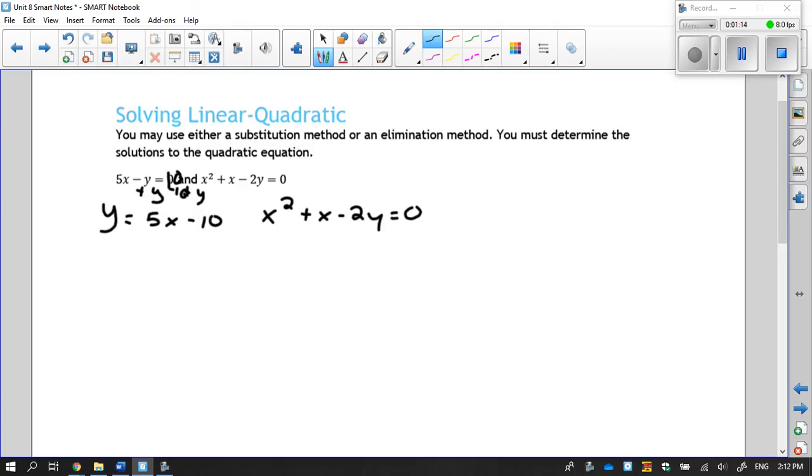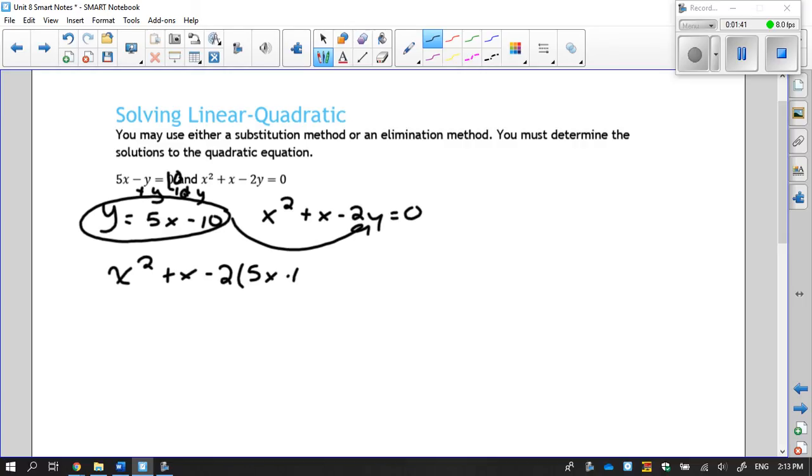So here's what I would do, is we would sub this into here, because we could solve it by elimination, but then we're dealing with quadratics. I find it's easier to do solving by substitution for this. So let's do that. So this is x squared plus x minus 2 multiplied by 5x minus 10 is equal to 0.